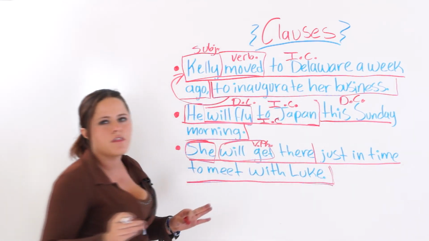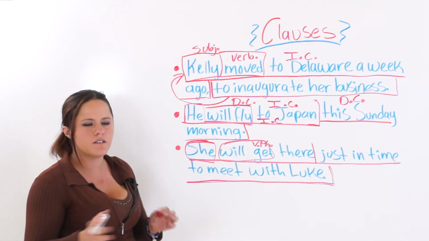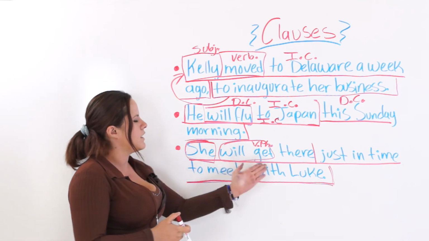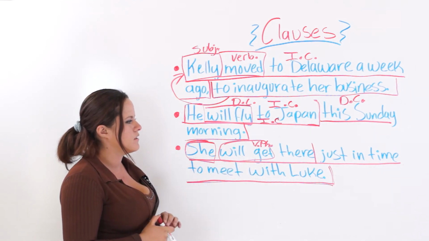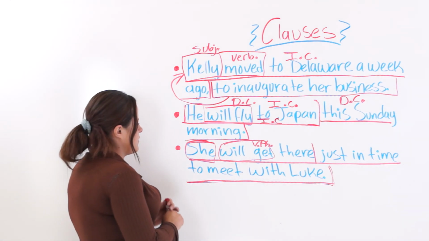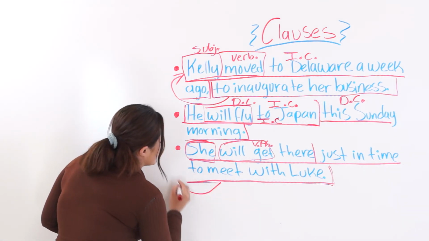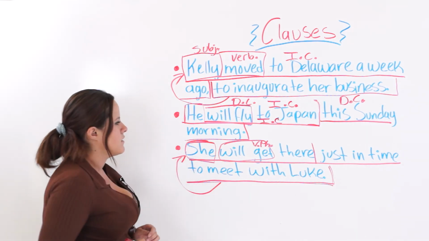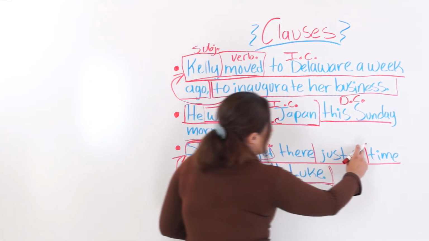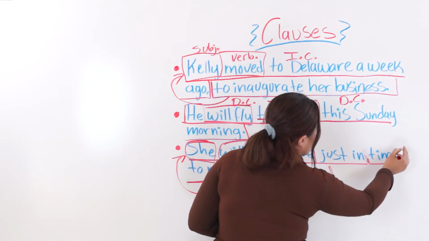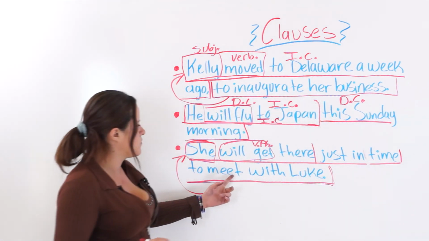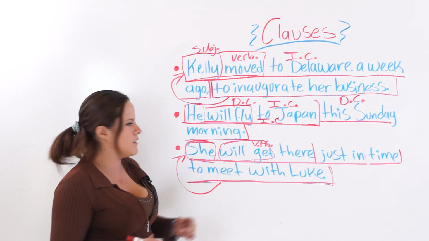Notice over here that when we are talking about clauses, they are almost always complete thoughts. She will get there. Period. Just in time to meet with Luke would not make sense without the subject. So this depends on the subject. But if we left it up to here, she will get there just in time, this would no longer be a dependent clause.